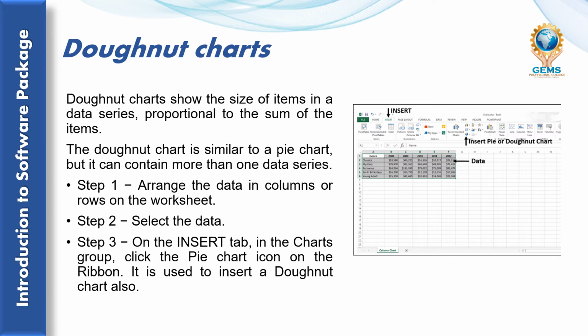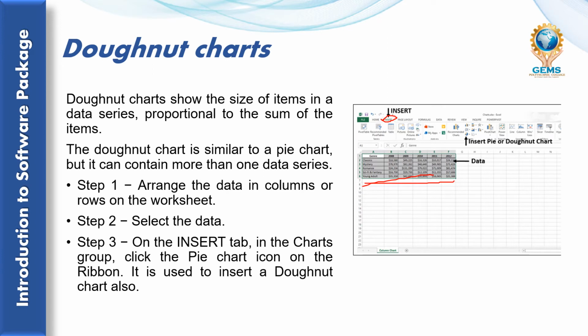Here are the steps for how to insert the donut chart in your Excel sheet: arrange the data in columns on the worksheet. This is the way to arrange it, and you can select the data and go to the insert tab. From the chart group click the pie chart icon on the ribbon, and from the pie chart there is a list of different categories.